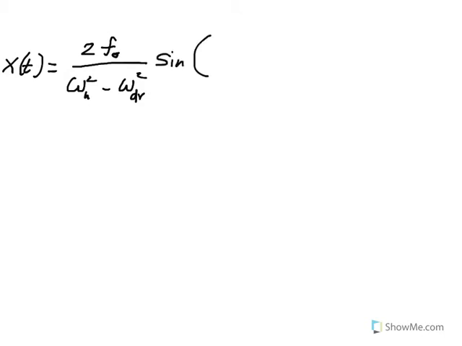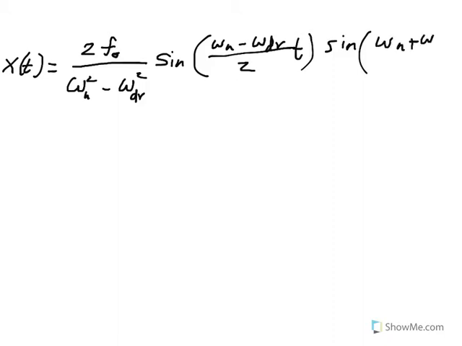One sine wave with the difference between omega n and omega dr divided by 2, of course, times t, and then another sine wave with the sum of the two omegas divided by 2 also times t. So now look, we have two sine waves, one riding over the other sine wave.